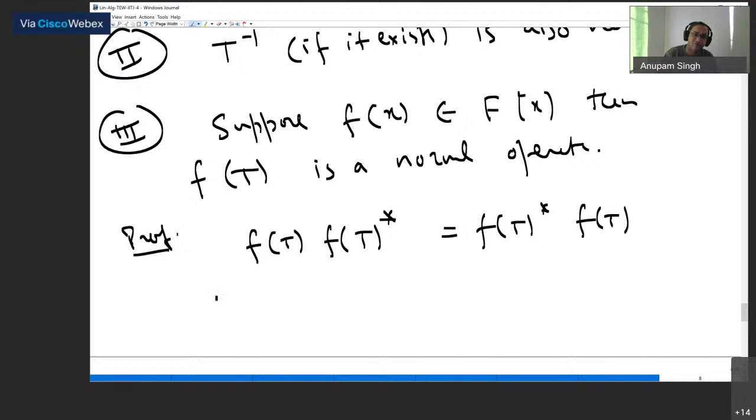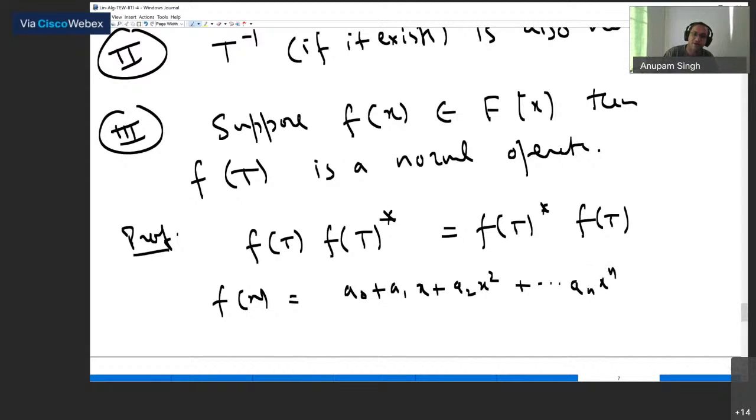If I expand this out, suppose f(x) was something like a0 plus a1 x plus a2 x squared plus so on, an x to the power n. If I say f(T) into f(T) star, I have T squared and T to the power n. f(T) star would be T star squared, T star to the power n. Since T and T star commute, I can at each step write T star before T, and I will get exactly f(T) star into f(T).